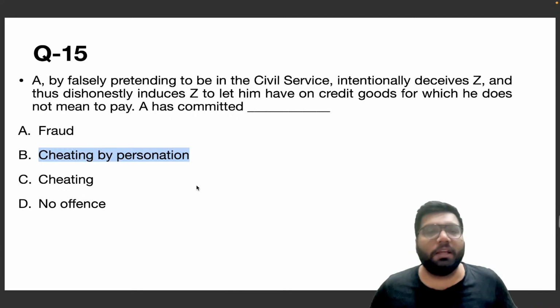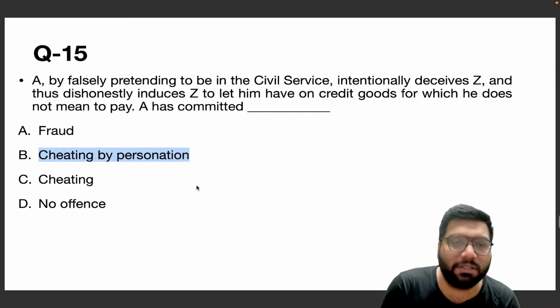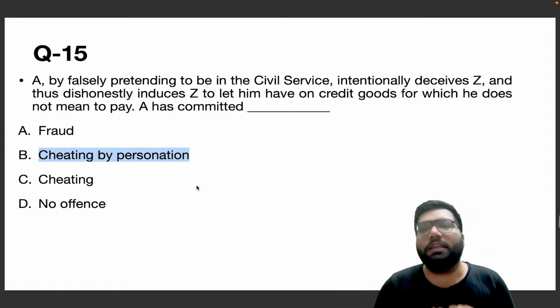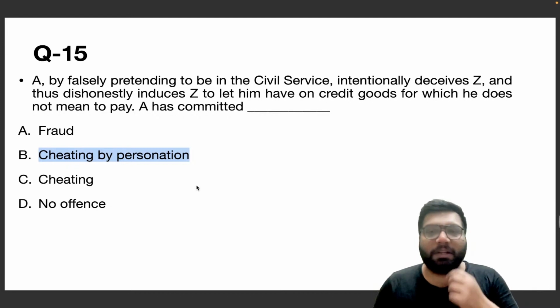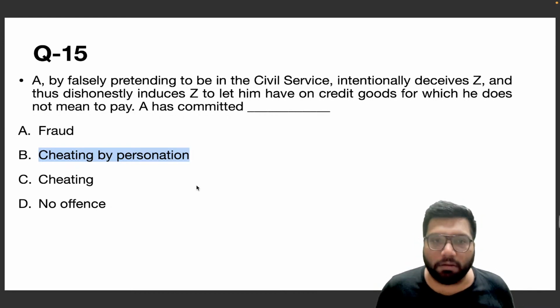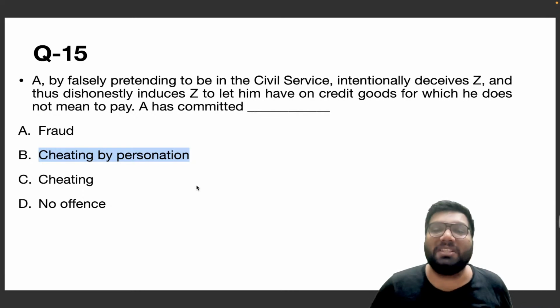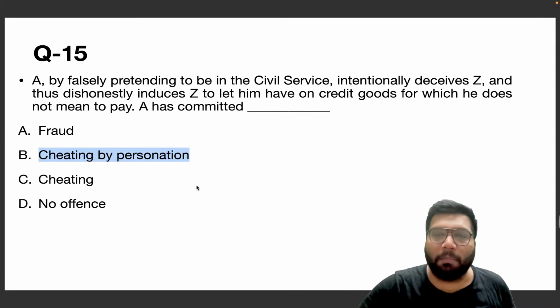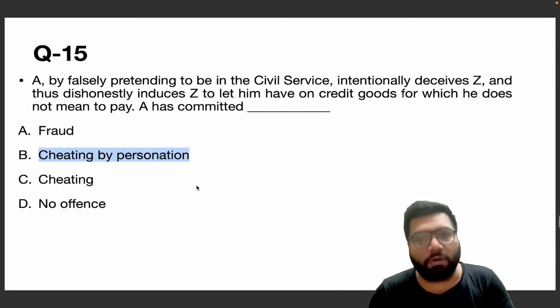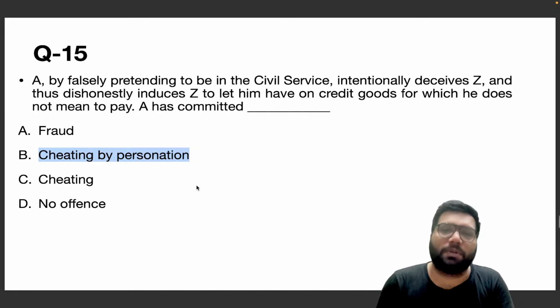Correct answer, Sunita. Now let me give you the reasoning, students. See, cheating by personation is, suppose, let me take my own example. If my name is Sandeep Khatri, right? And if I'm telling you that my name is Shah Rukh Khan, I'm the actual Shah Rukh Khan. So what I'm doing? I'm doing cheating by personation.